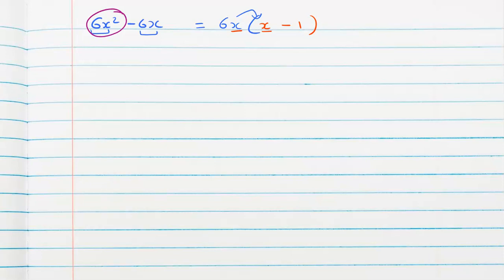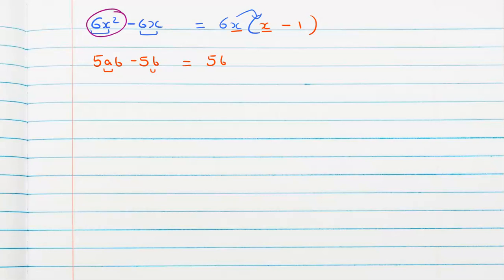Let's take a look at another example. We have 5ab minus 5b. Now we have two variables. Instead of just a or b, we have a and b. So again, the number that is common is simply 5, and if you look at the variables, a is only in the first term but nothing in the second term, so we have only b common.